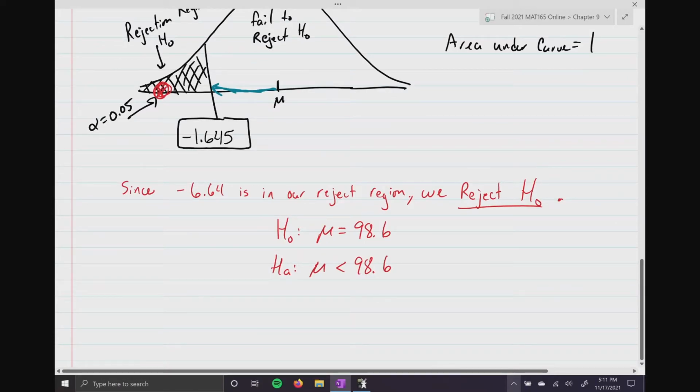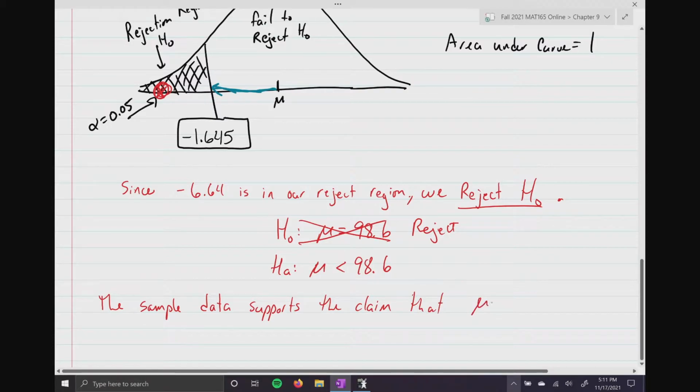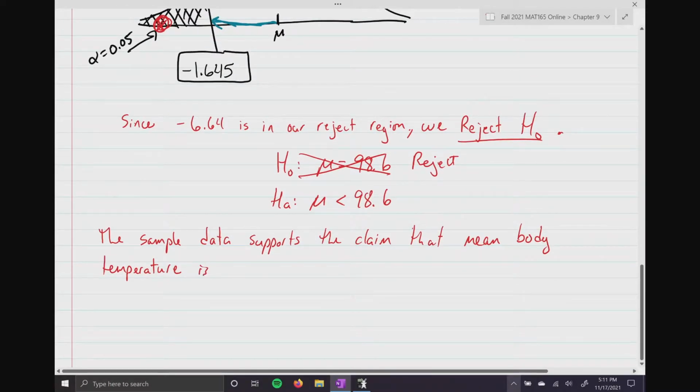All right, so since we can reject the null, we know that the sample data supports the claim that the mean body temperature is less than 98.6 degrees Fahrenheit. So that's all this is saying here.